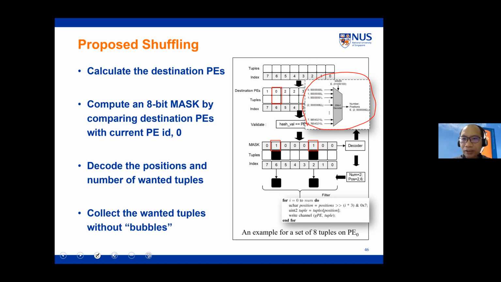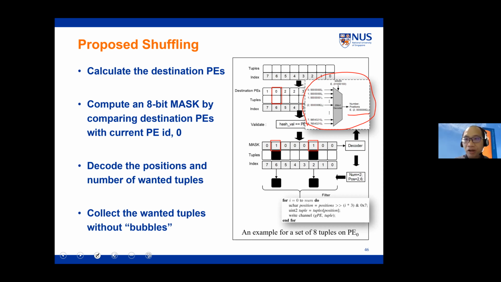So we build a decoder, more or less like a hash table, that encodes the number and the positions. We design this into the BRAM so that it can process very fast. Since each PE has this decoder, all the PEs can process the shuffling in parallel.